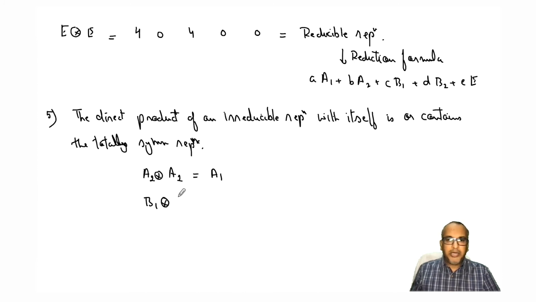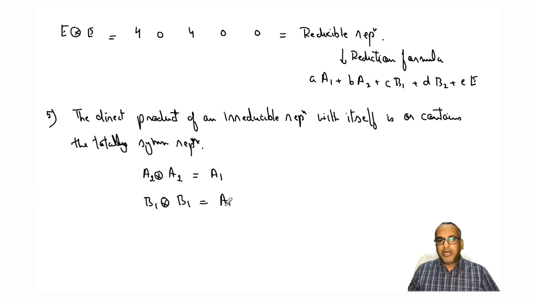B1 into B1 will be A1. See, why am I saying that? Because B1 into B1, both are one-dimensional representations. It is bound to give you a one-dimensional representation, and the rule also says that if I'm combining two same irreducible representations, it is also bound to give me a totally symmetric representation.